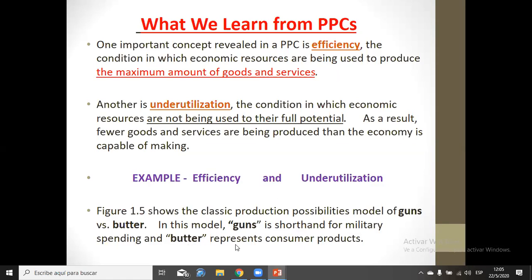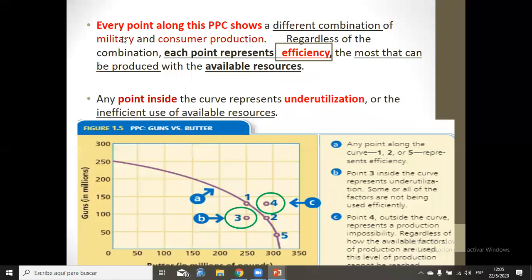So butter represents consumer production. Now every point along this PPC shows a different combination. This point, this point, this point, all of these are different possible combinations in order to produce either guns or butter, okay? Different combinations of military and consumer production.